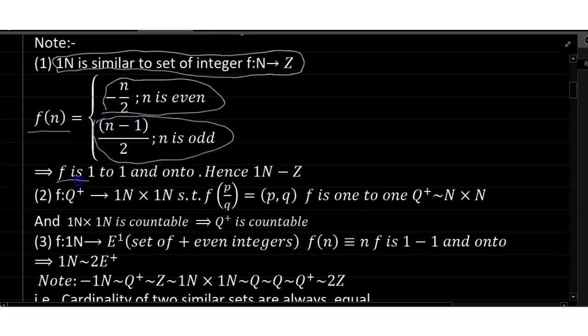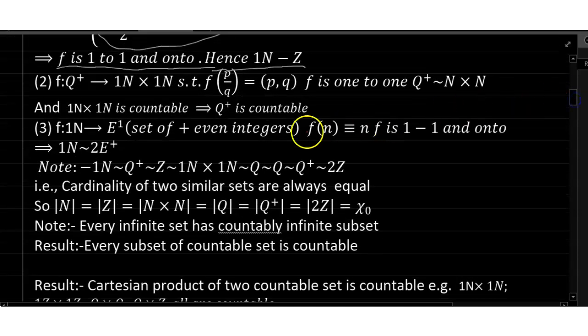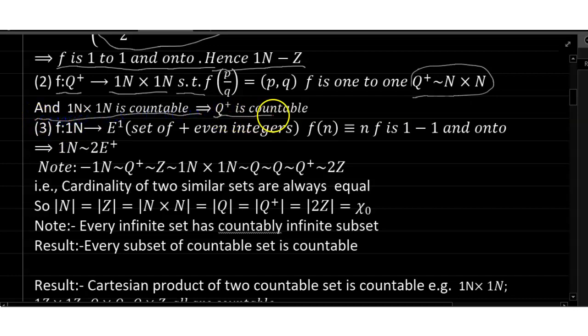So f is one-one and onto, and hence N is similar to Z. Number 2: f from Q plus to N cross N such that f(p/q) is (p, q), where f is one-one. So Q plus is equivalent to N cross N, and since N cross N is countable, Q plus is also countable.